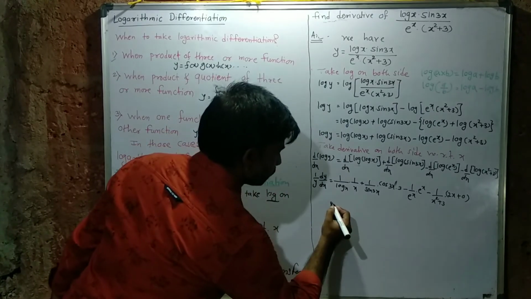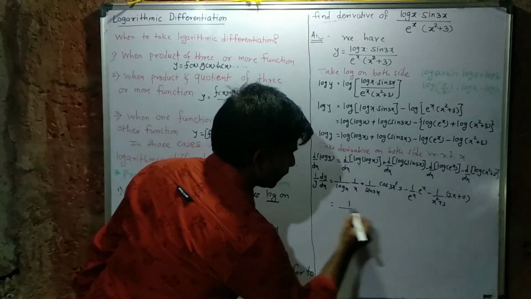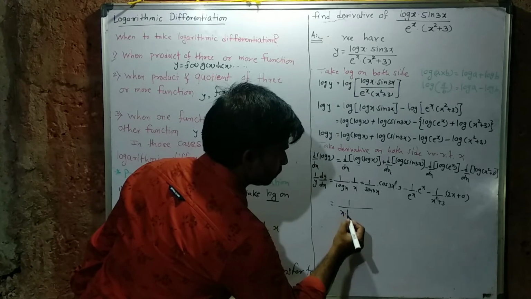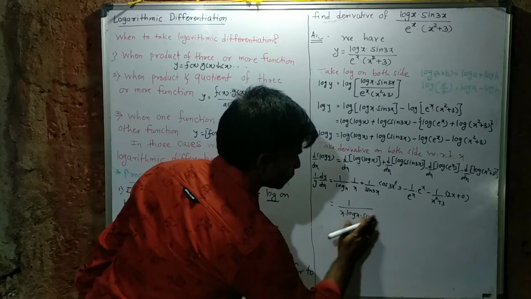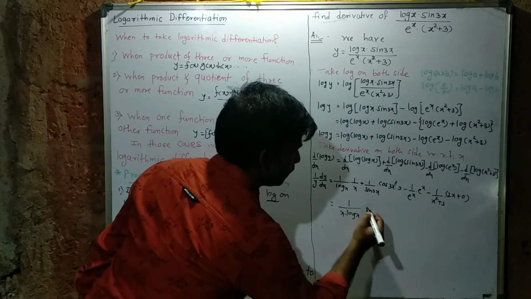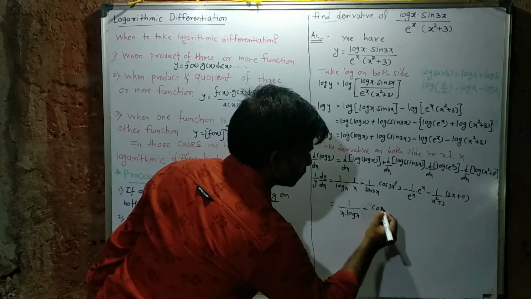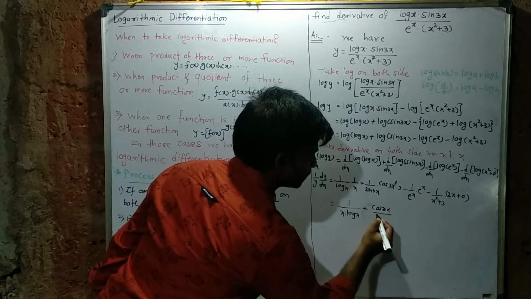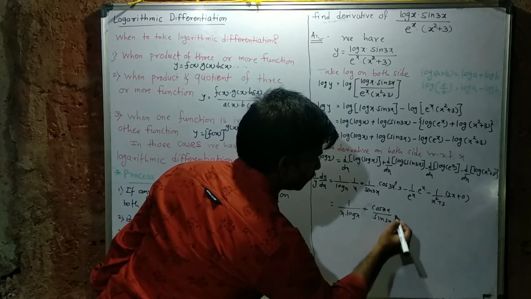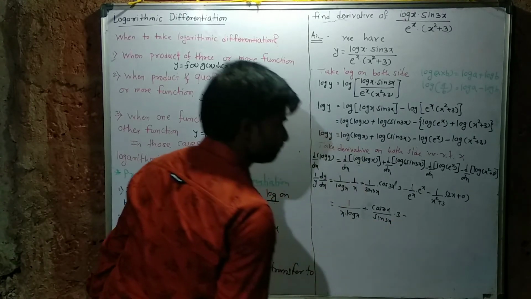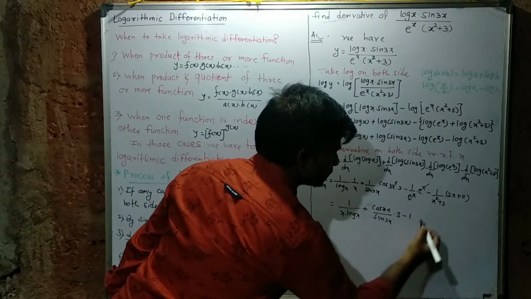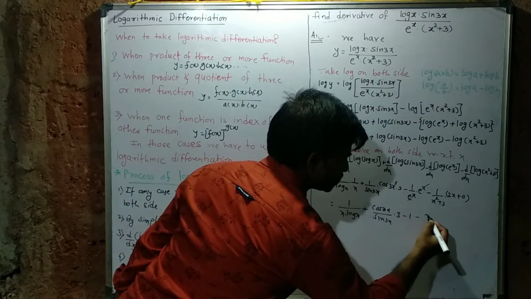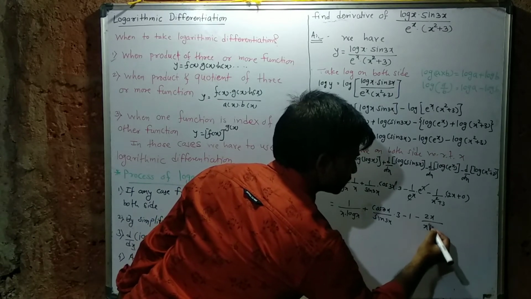By performing this, we get 1 divided by x into log x, plus cos 3x divided by sine 3x into 3, minus e raised to x divided by e raised to x, which cancel each other and give 1, minus 2x divided by x square plus 3.